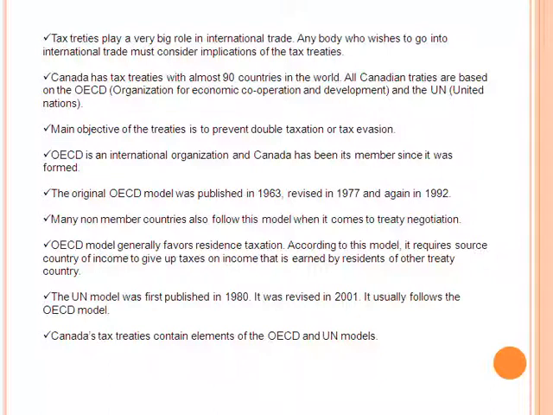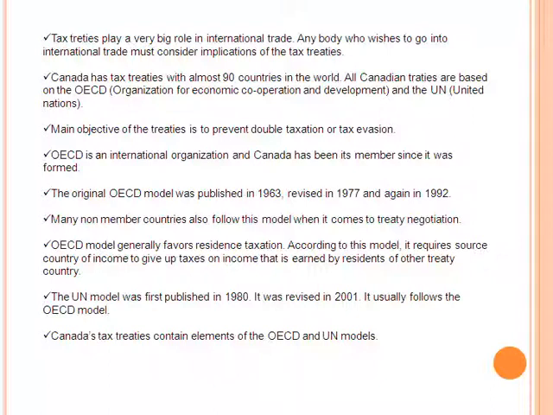All Canadian treaties are based on the OECD or the UN model. OECD is Organization for Economic Cooperation and Development, and UN is United Nations. Main objective of the treaties is to prevent double taxation or tax evasion.